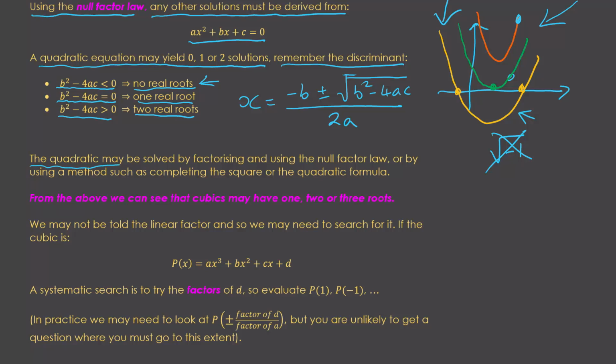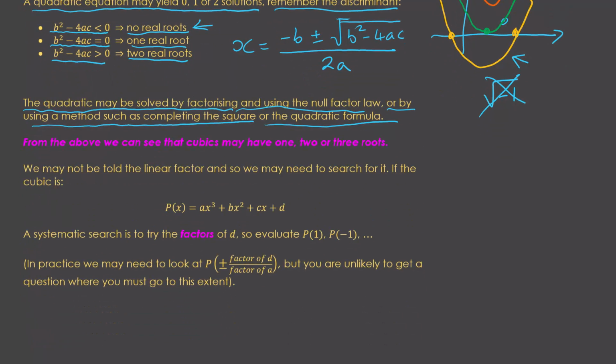The quadratic may be solved by factorizing and using the null factor law, or by using a method such as completing the square or the quadratic formula. From the above, we can see that cubics may have 1, 2 or 3 roots.